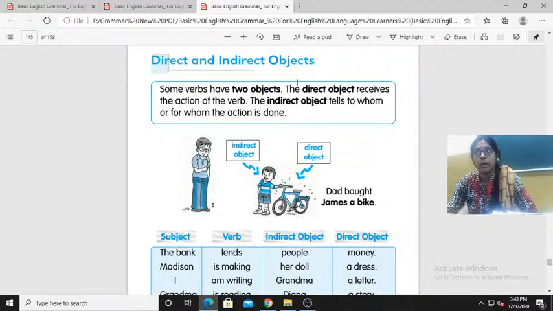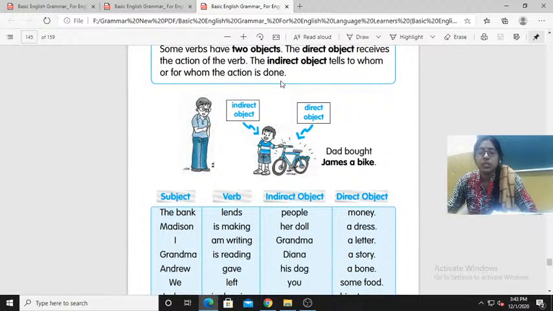Because the direct object receives the action of the verb, meaning what did the verb do? Gave what? A pen. And to me, किसके लिए? To whom or for whom? So it will be me only, and that's why we call it indirect object.